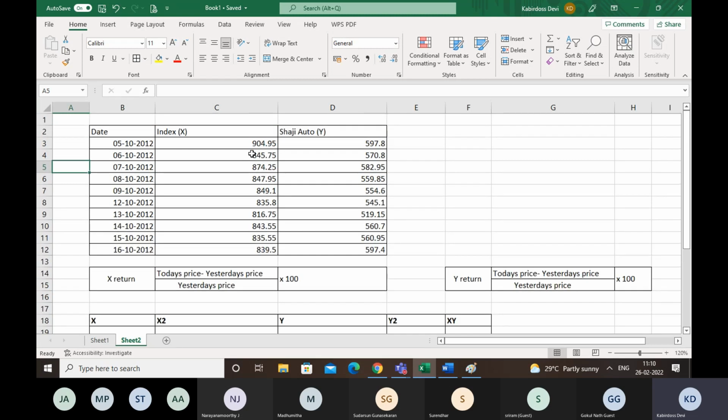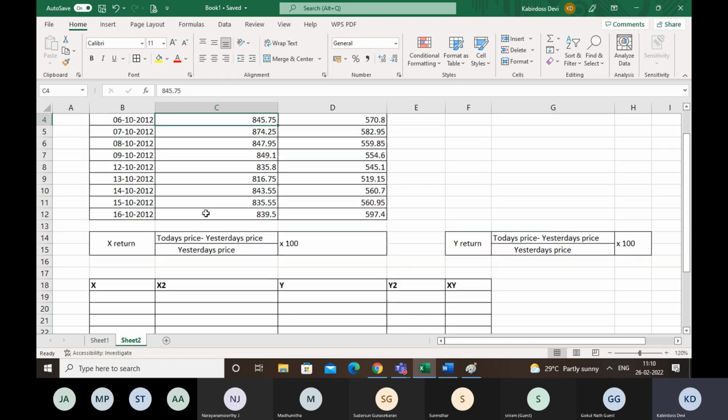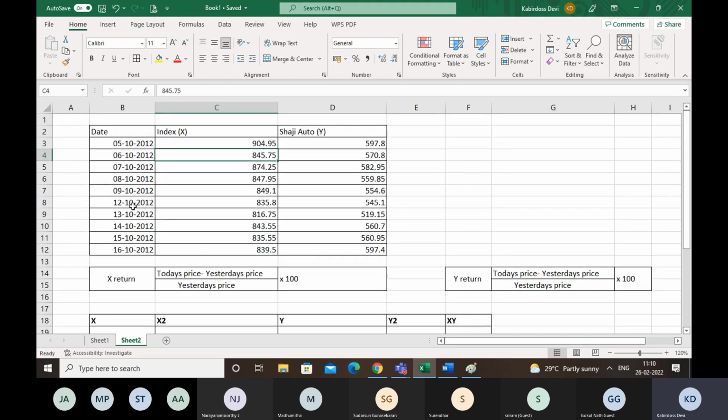If I need to calculate for the 5th, I need the 4th, the previous day data, which I don't have. I have the previous day data only for the 6th. So the number of x values will reduce. It will not be 10 days as given here, it will be 9 days.